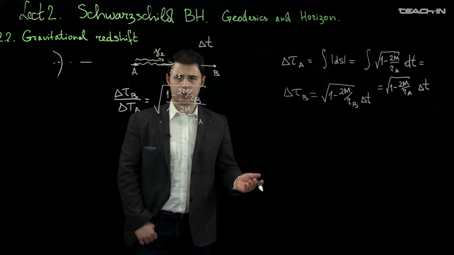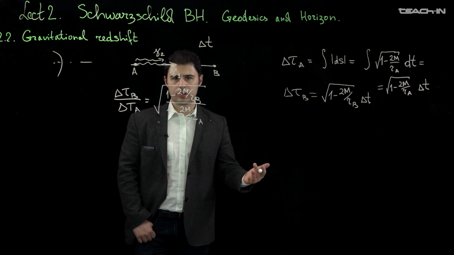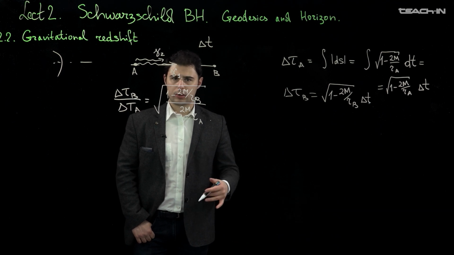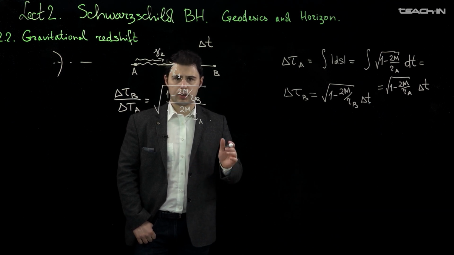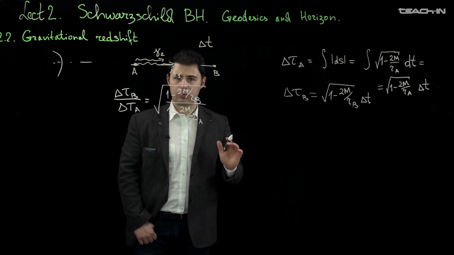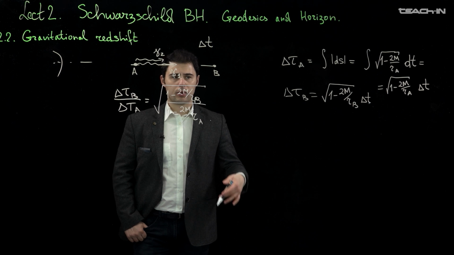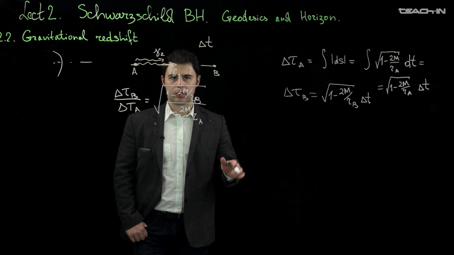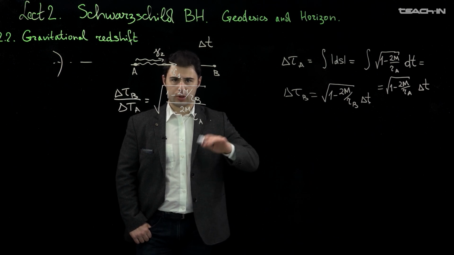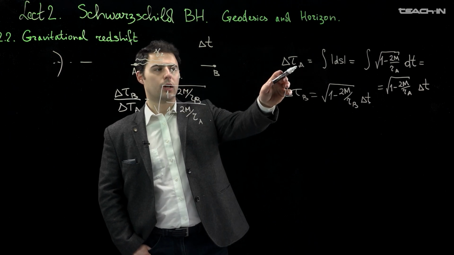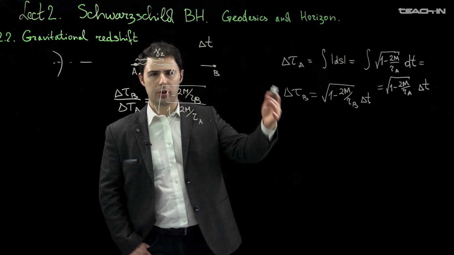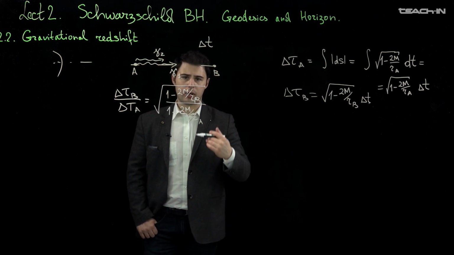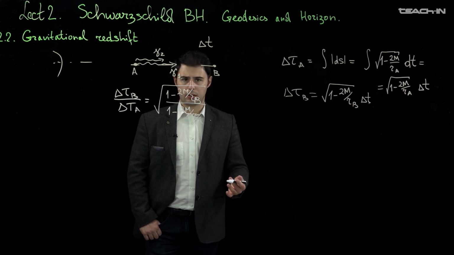Now let us consider, instead of single photons, waves. We can repeat a similar calculation for two successive wave crests. If from the point of view of the asymptotic observer the difference between the two wave crests is delta t, then for the observer A it is delta tau A, and for the observer B it is delta tau B. So we can find the ratio of the periods.